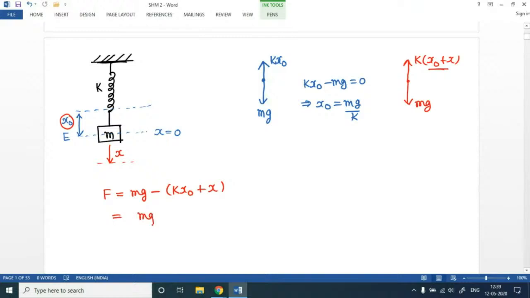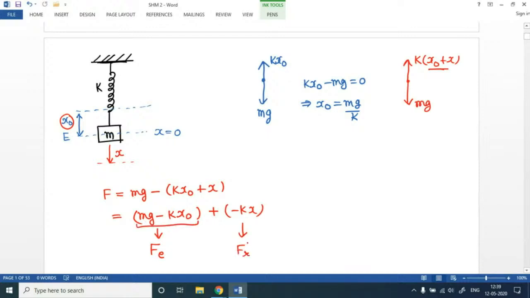Now look very closely. I am writing it in rearranged form: mg minus kx naught plus minus kx. I will term the first part the equilibrium force, let's say Fe, and this term I will name the restoring force.